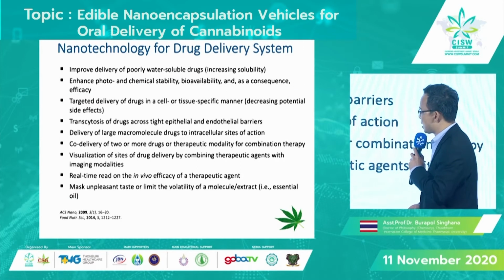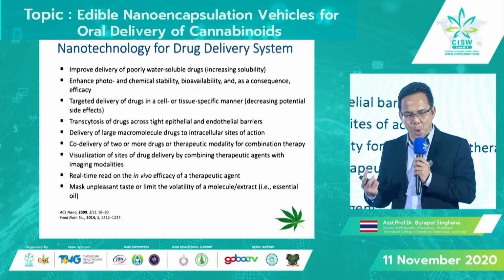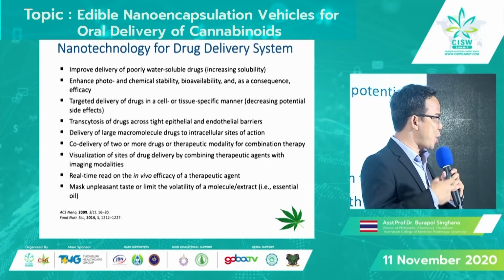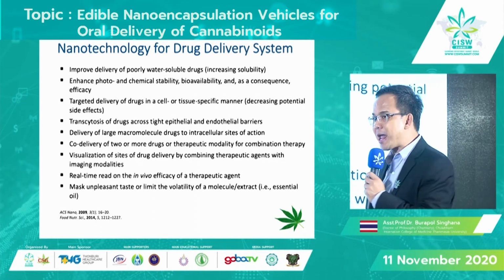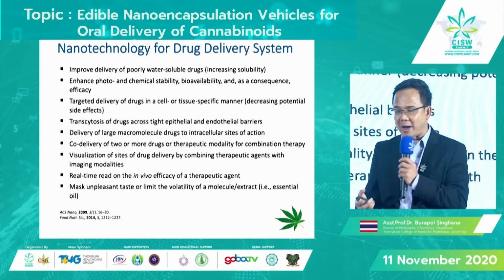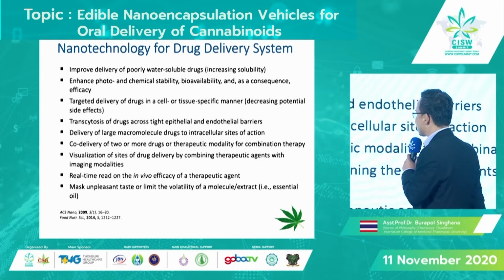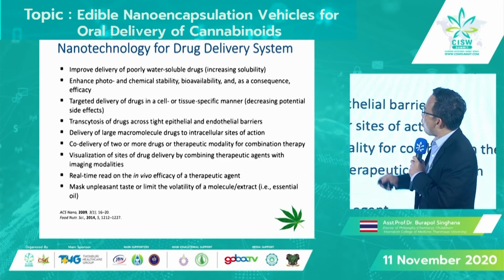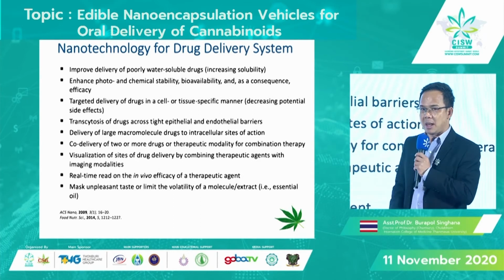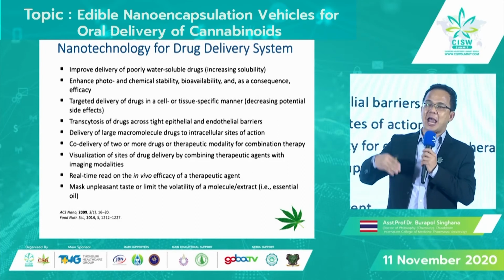So there are many approaches or strategies to enhance bioavailability or to deliver drugs, right? But how do we use nanotechnology for drug delivery systems? The good thing is that it can address the problems I mentioned before.